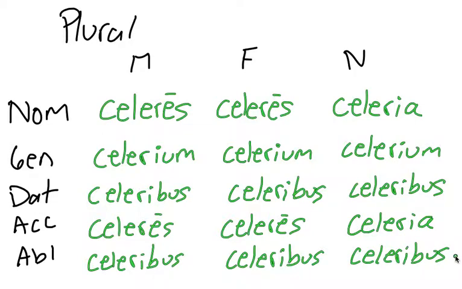Okay, so check pages 152 and 153 for explanations of how to decline two termination and one termination, but you'll find that there's not really much difference in terms of the declensions. Okay, and now that we've talked about the terminations for third declension adjectives and we've declined one, I want to talk about third declension adverbs.